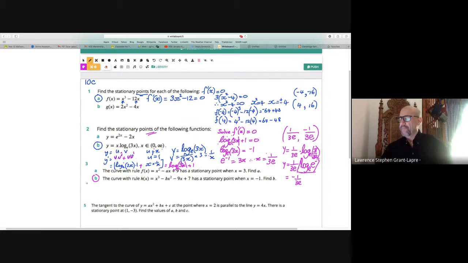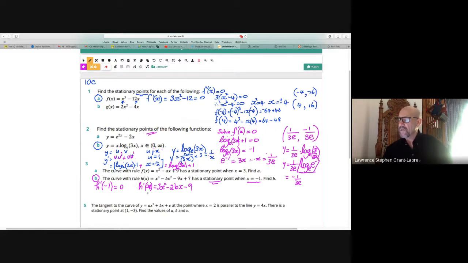3b. That curve has a stationary point when x equals negative 1. Find b. All right, so when x equals negative 1, the derivative will equal 0. So when x is negative 1, the gradient is 0. Let's find the derivative first. So it's 3x squared minus 2bx minus 9.